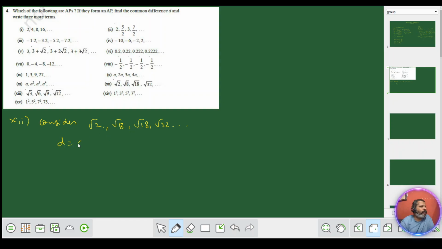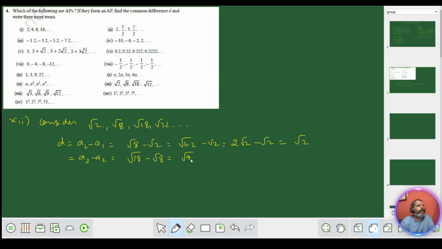So here d equal to a2 minus a1, that is root 8 minus root 2. Root 8 is what? Root 4 into 2 minus root 2. Root 4 is the perfect square number, square root is 2, root 2 remaining. So 2 root 2 minus root 2 is root 2. a3 minus a2 is root 18 minus root 8.